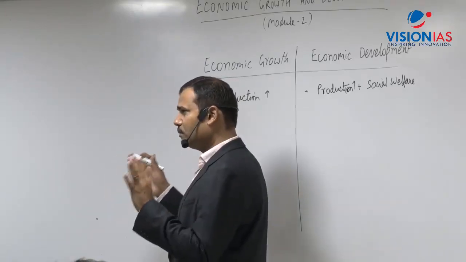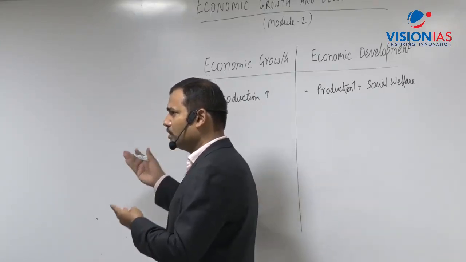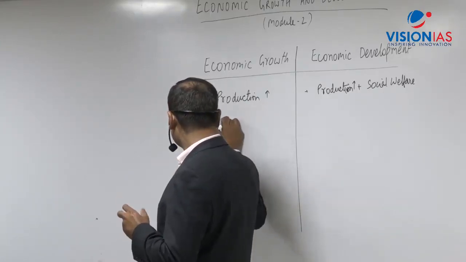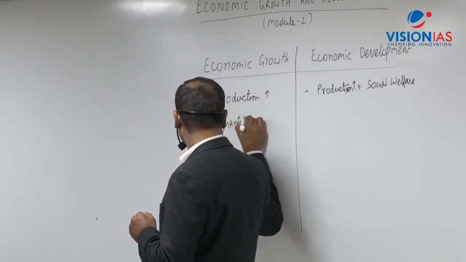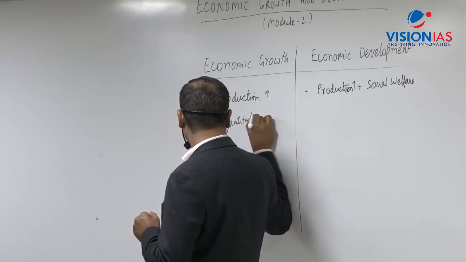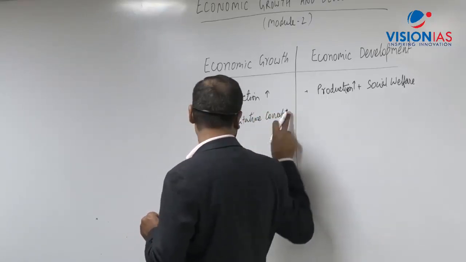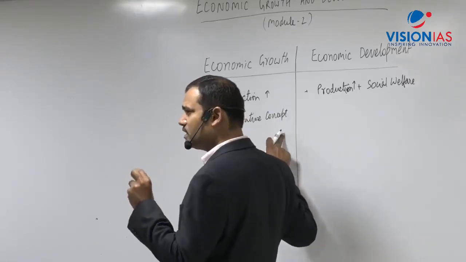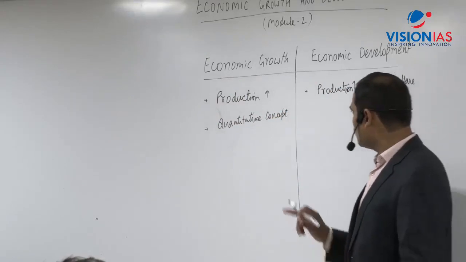It means we are expected to produce exactly 7.2% more goods and services as compared to the previous year. So it is a quantitative concept, which means we can measure it with precision.